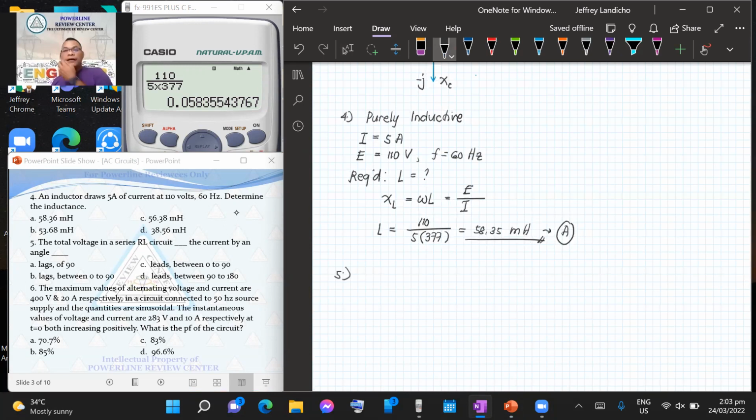So earlier, we saw the behavior of pure R, pure L, pure C. How about if we have a combination? Let us consider what will be the behavior of the circuit if we have an RL circuit.